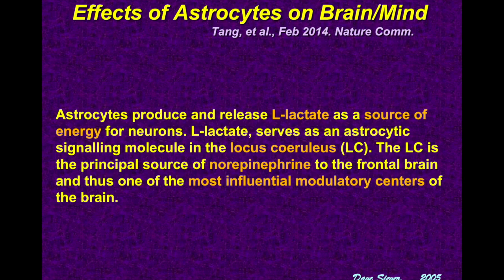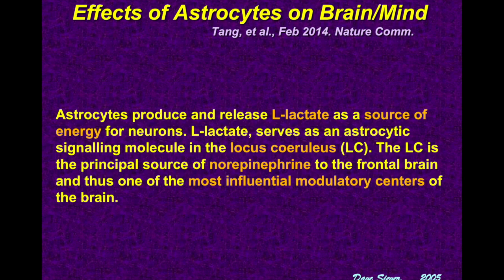So here we go. Astrocytes produce and release lactate as a source of energy for neurons. Lactate serves as an astrocytic signaling molecule in the locus coeruleus. Now, locus coeruleus is a region in the brainstem that is integral to generating norepinephrine, which is the brain's adrenaline.